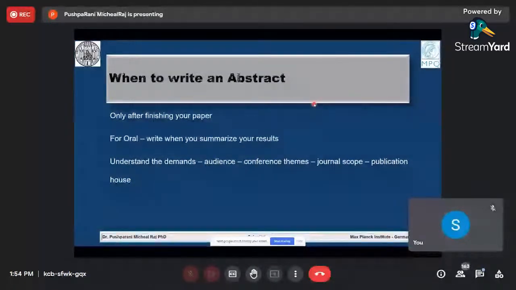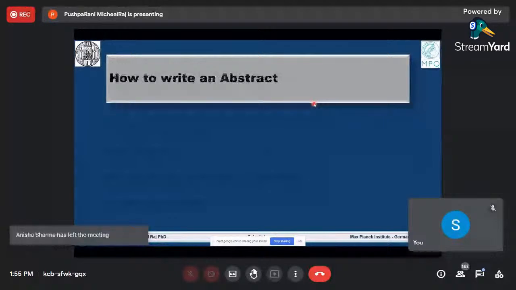What's the publication house? Some publications are specific, like microfluidics. They do only microfluidics. They do not appreciate how you have done your analytics. So they are not really interested in that. But there are some journals like PLOS ONE who invite all science in all forms. So just make sure where you're going to write or present the work.